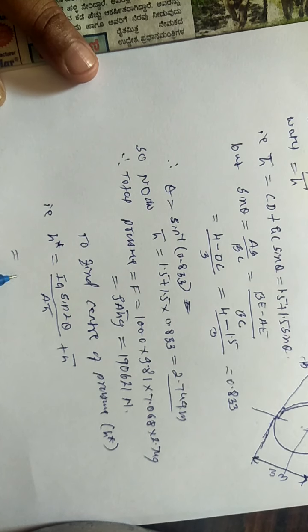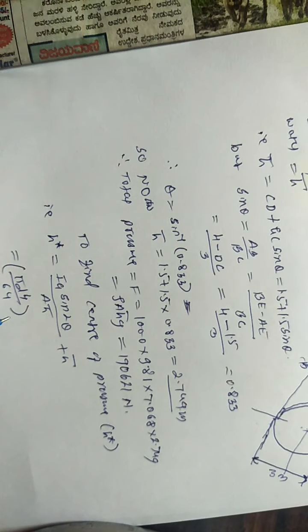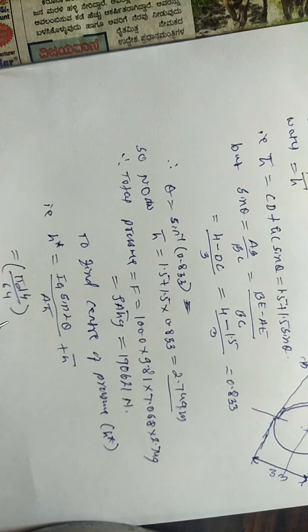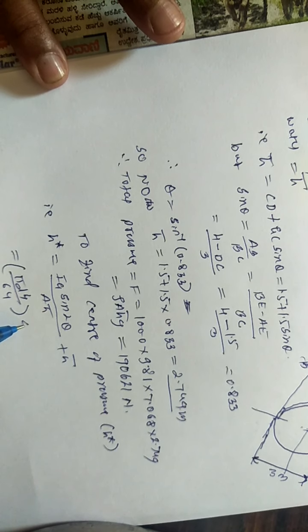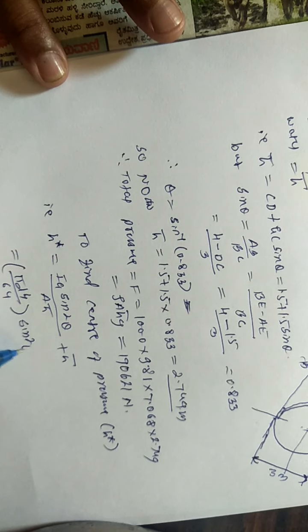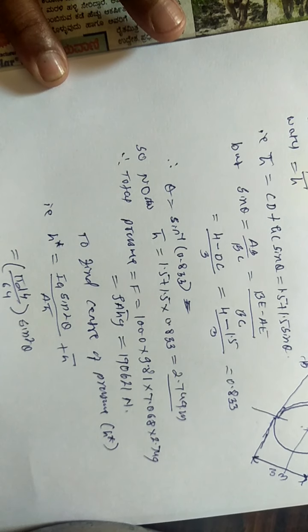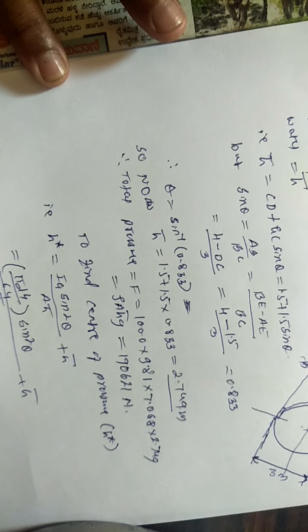Ig for a circular plane means pi d raised to 4 divided by 64, into sin square theta, by A h bar, plus h bar.